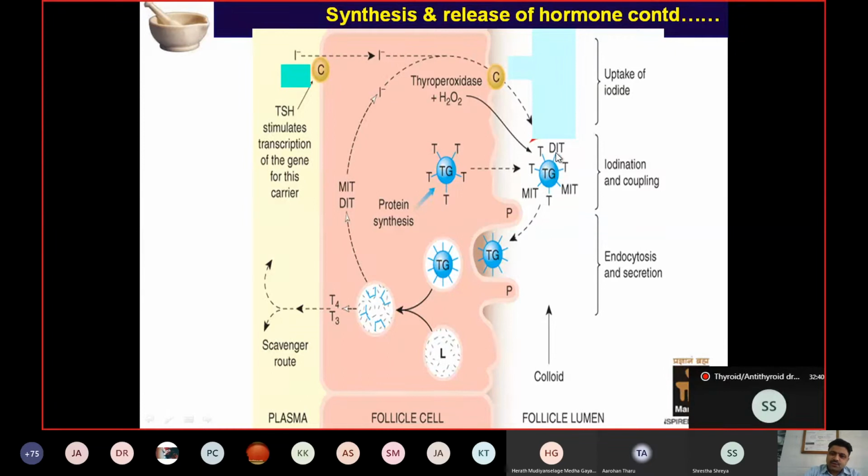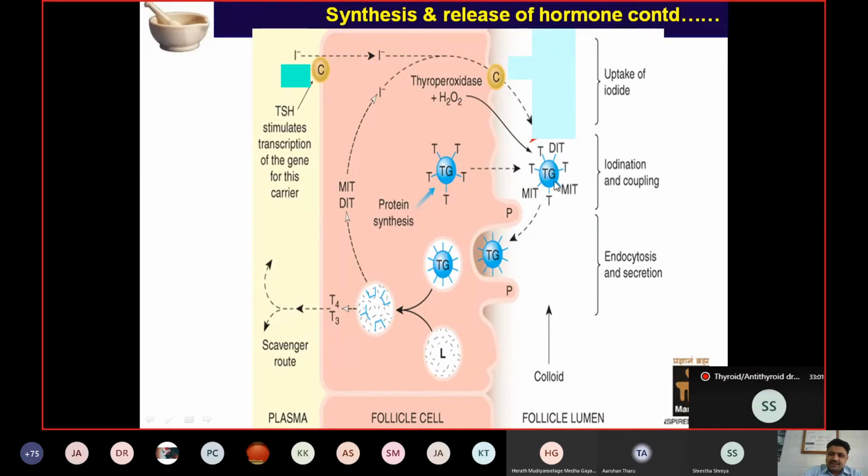And if two DIT compounds are coupled, or join together, it forms T4. That process is said to be coupling. That is how T3 and T4 are formed on thyroglobulin only.